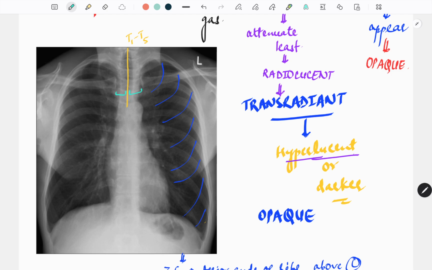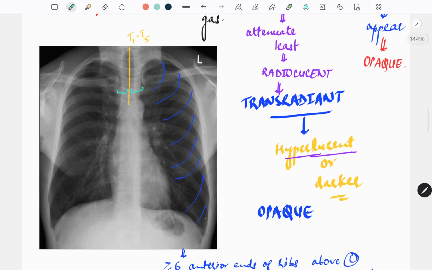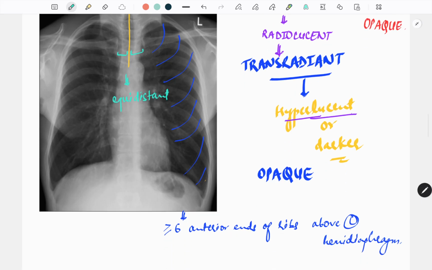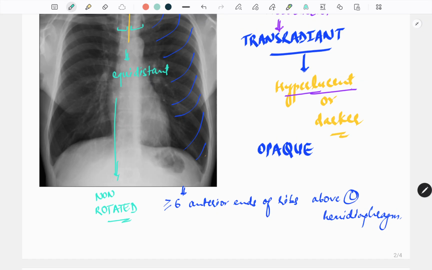The distance of both the medial ends of the clavicles should be equidistant from this line to say that the X-ray is not rotated.